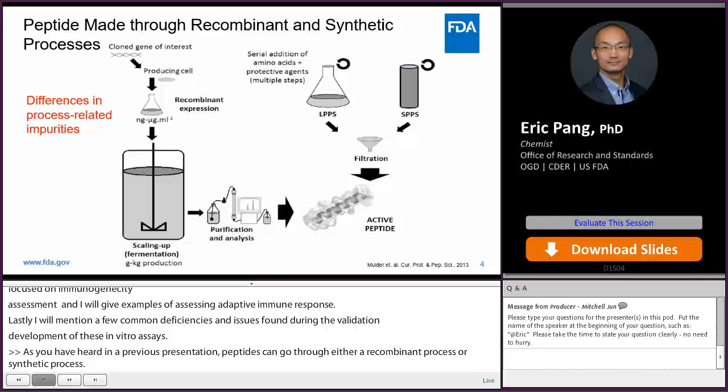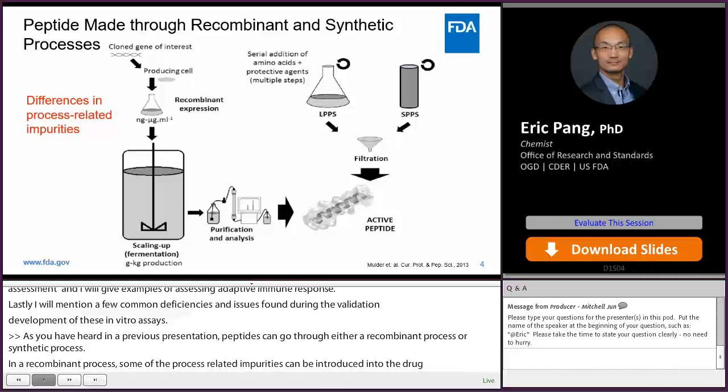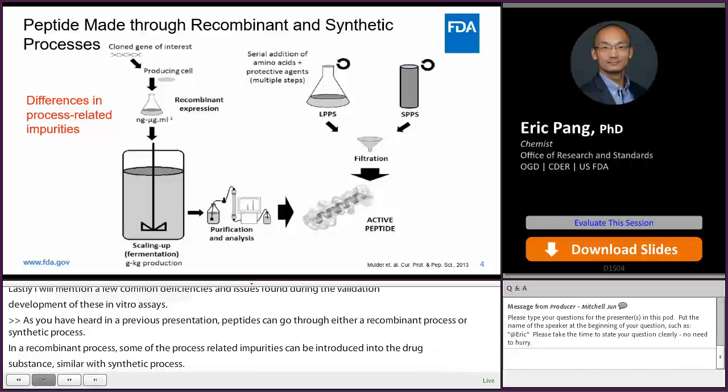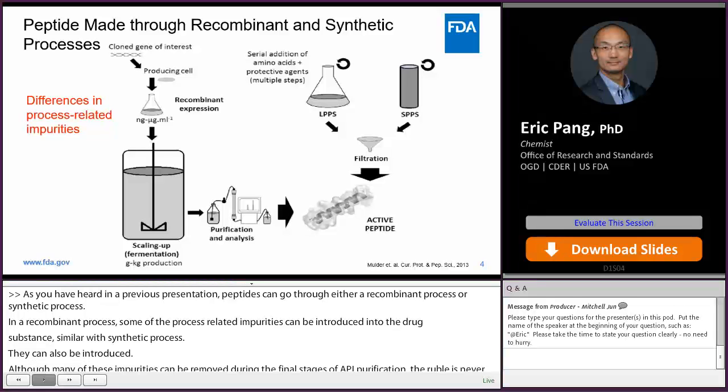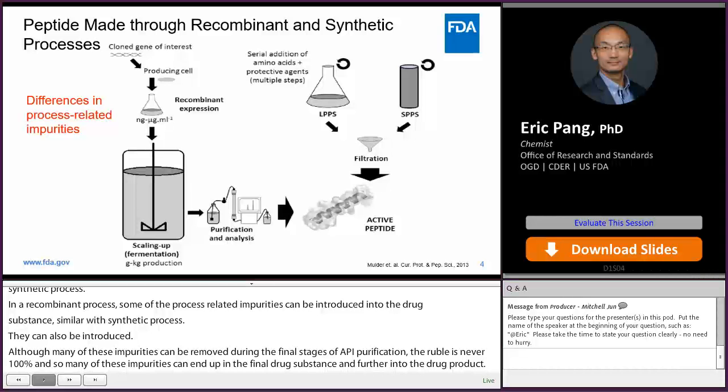Although many of these impurities can be removed during the final stages of API purification, the removal is never 100%, and so many of these impurities can end up in the final drug substance and further into the drug product. And it's for these reasons that we are really concerned that some of these impurities may cause risk for immunogenicity.